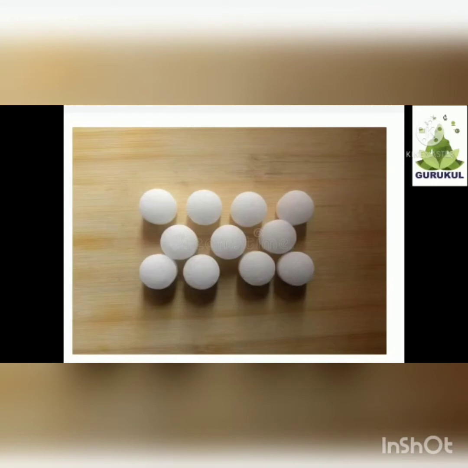So why does this happen? Because the particles leave the naphthalene balls, and that's why they get smaller and smaller in size, and slowly they disappear too. Understood every one of you?